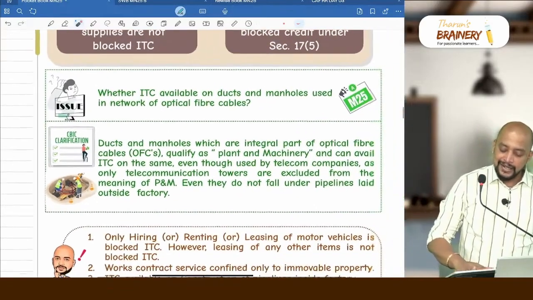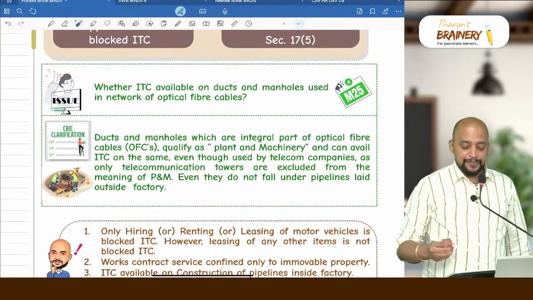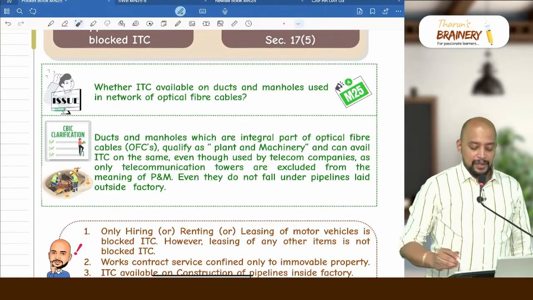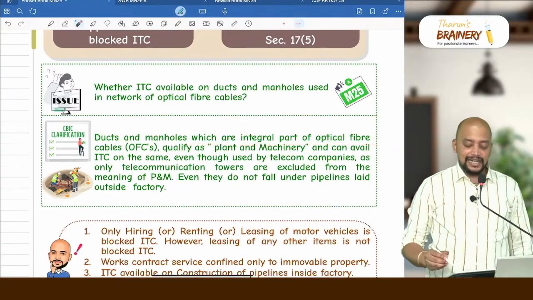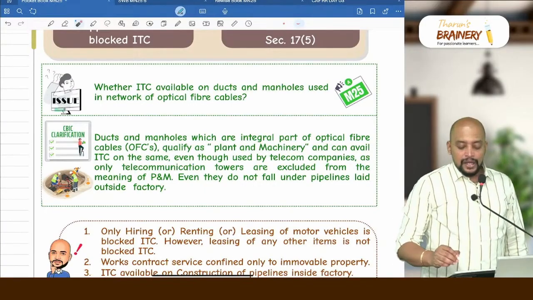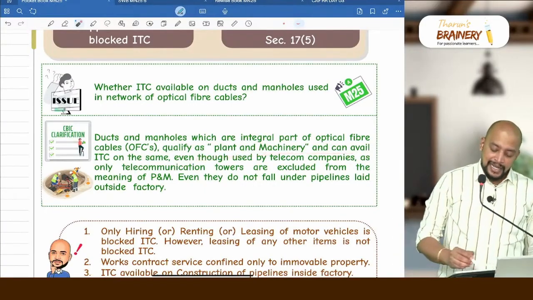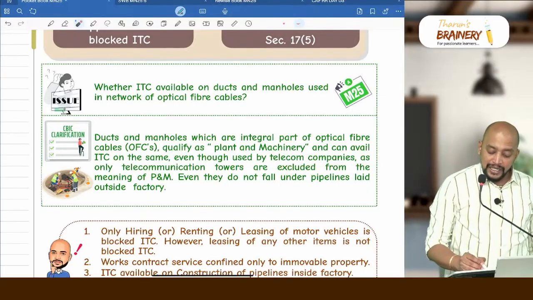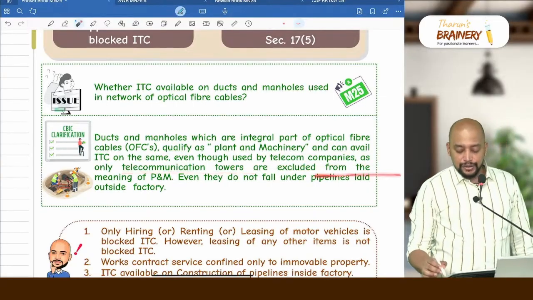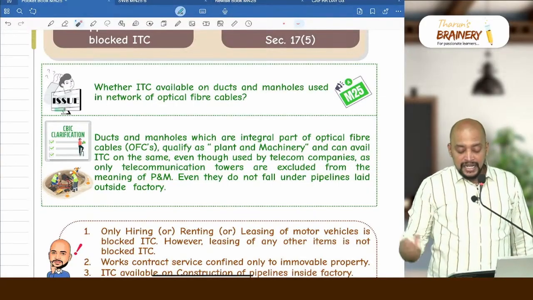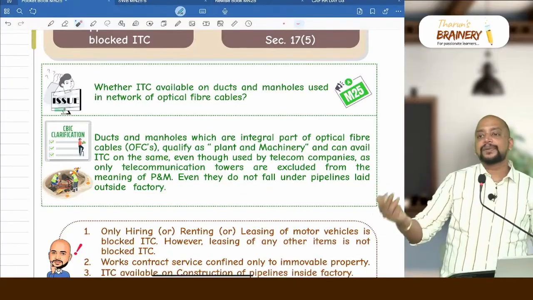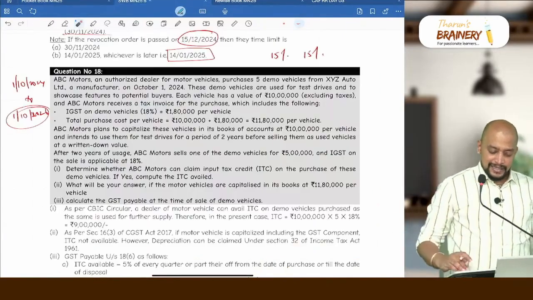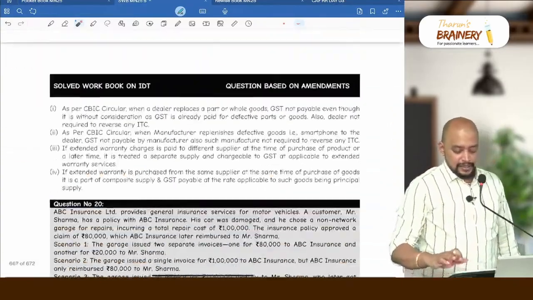You can see here: whether ITC is available on ducts and manholes used in the network of optical fiber cables. Ducts and manholes which are an integral part of optical fiber cables qualify as plant and machinery and ITC can be availed on them, even though used by telecom companies, as only telecommunication towers are excluded from the meaning of plant and machinery. Even they do not fall under pipeline laid outside the factory gate.